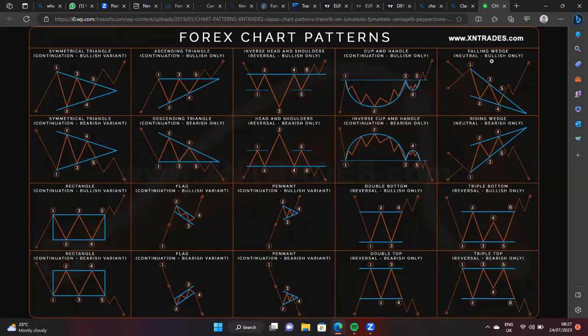Okay, let's take another one. We have the falling wedge. This one is neutral for bullish only. Identifying this particular pattern is very easy because you are drawing a triangle shape to identify it. One thing you want to know is the trend is bearish, it is dropping. A trend that is dropping has lower lows and lower highs.